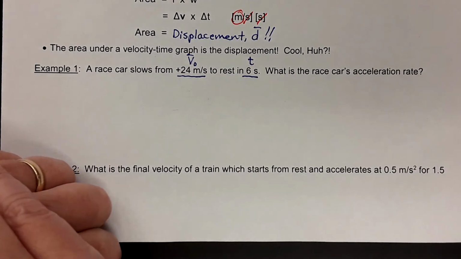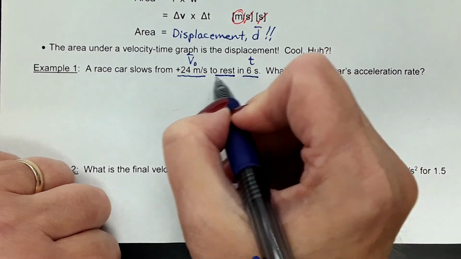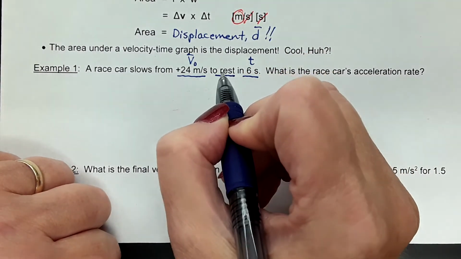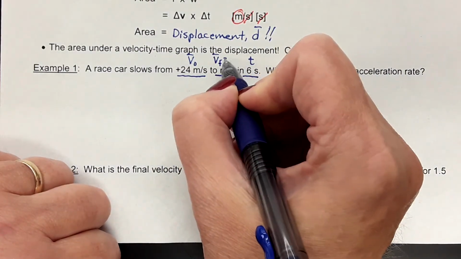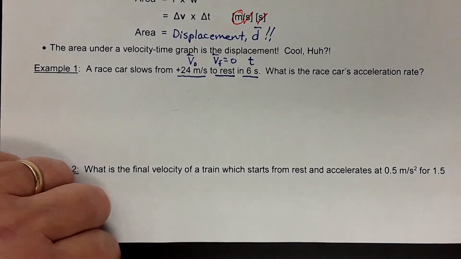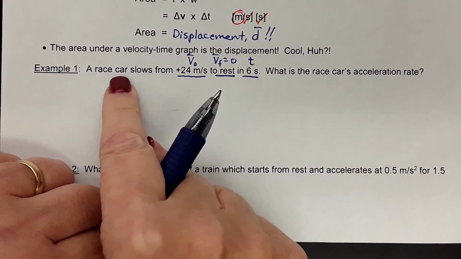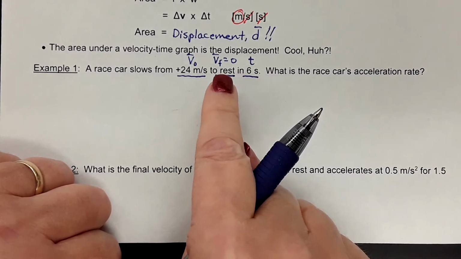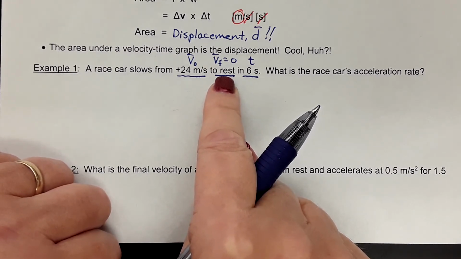And yes, there is, right here. It says the car goes from this velocity to rest. That means it stopped. So that means the final velocity is 0. Now, see? So always identify the focus object, identify the numerical information, and then read carefully and identify any inferred information. Okay, that's going to be very important.